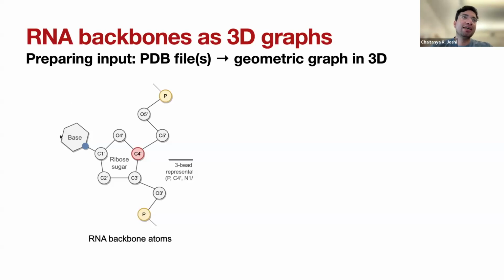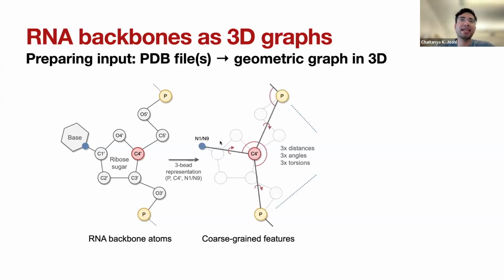Bases are essentially like side chains for proteins, and the identity of the base atoms is what's not known in this case. We have the coordinates of the backbone atoms, but not of the base, and our model needs to predict this.